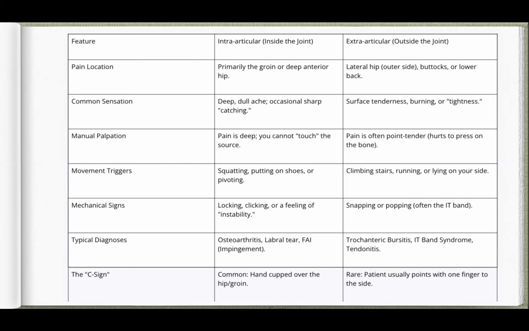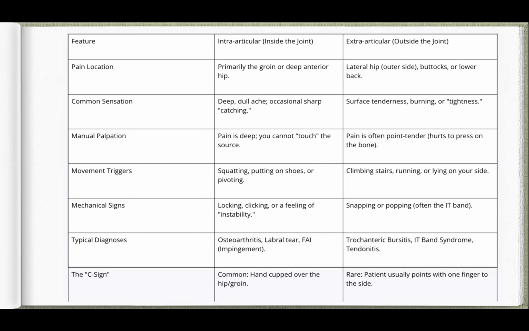Movement triggers: squatting, putting on shoes or pivoting is very painful in the intra-articular. Climbing stairs, running or lying on your side is painful in the extra-articular. Mechanical signs like locking, clicking or feeling of instability is felt in the intra-articular. Snapping or popping is often felt in extra-articular, which is in the IT band.